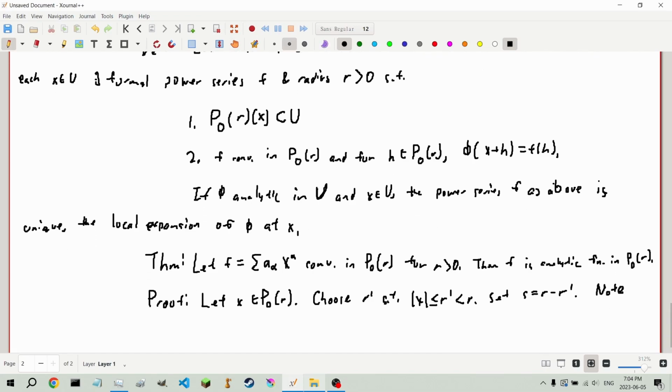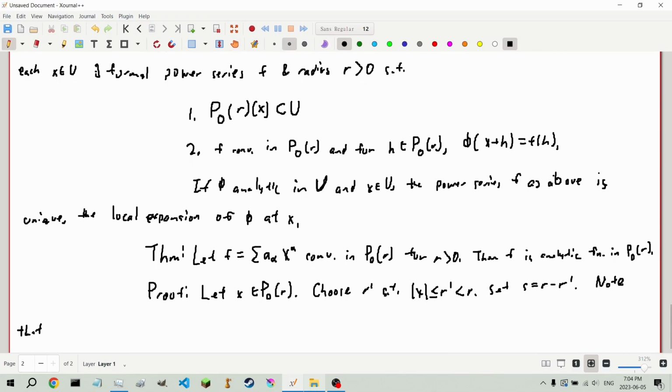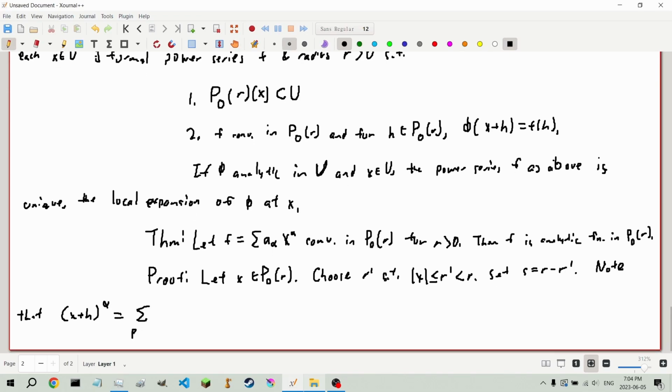Now note that (x + h)^alpha is the sum for beta at most alpha of alpha choose beta times x^(alpha minus beta) times h^beta, our typical binomial.